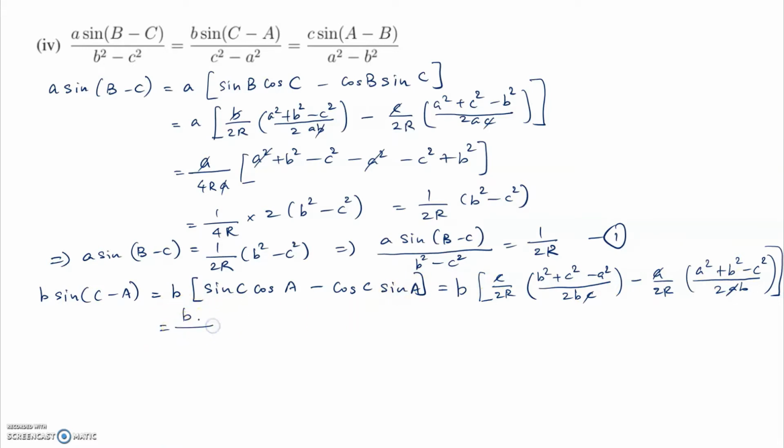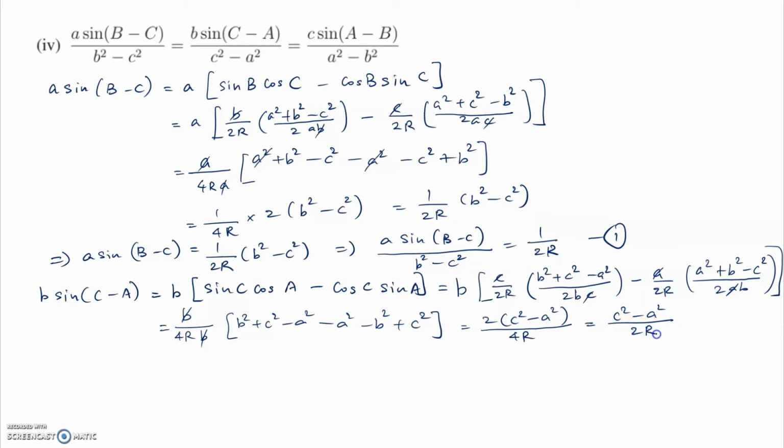So it's b divided by 4rb into b squared plus c squared minus a squared minus a squared minus b squared plus c squared, which is equal to, the b and b will be cancelled. So that's equal to 2 times c squared minus a squared divided by 4r. So this becomes c squared minus a squared divided by 2r.